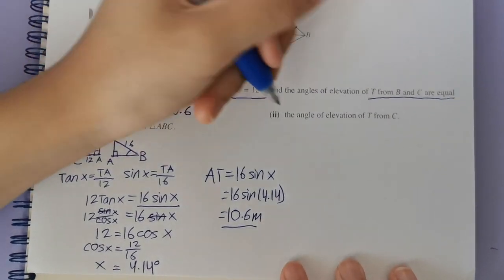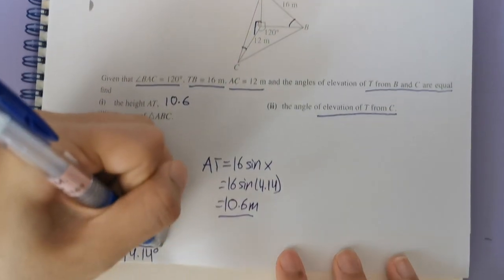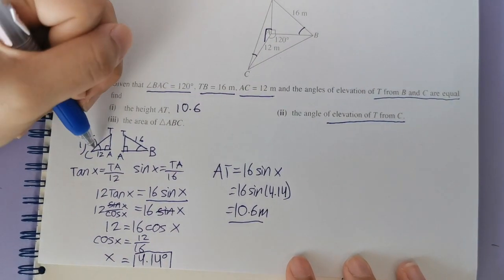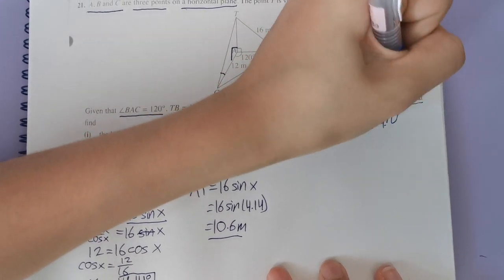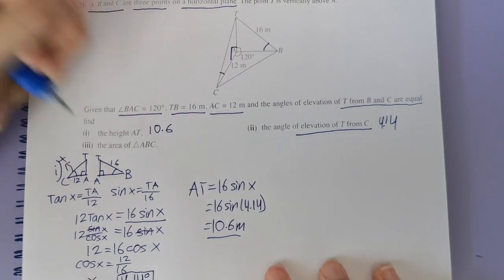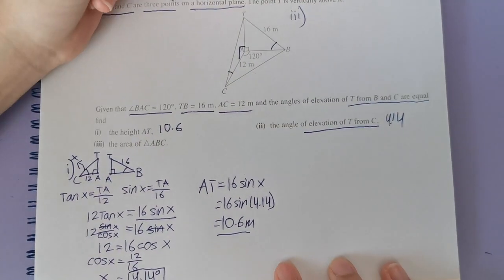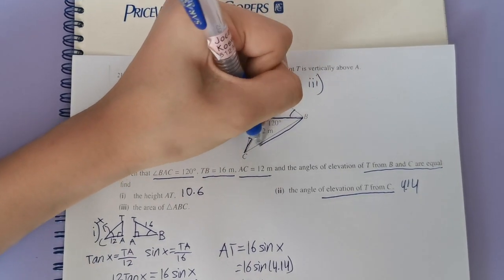So next thing is the angle of elevation of T from C. So we actually already found this. It was 41.4, because remember, the angles of elevation are the same, and that was what it was. So that was 41.4. And we're going to be doing this here. The area of ABC. So this is what it happens to be, ABC.